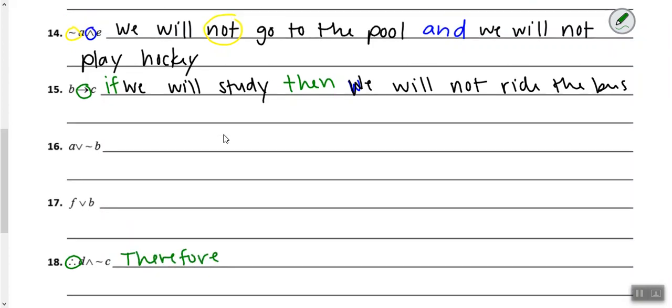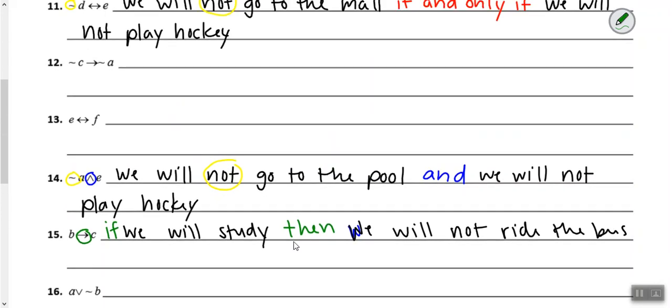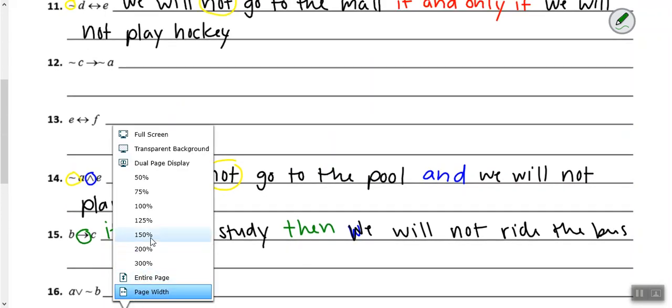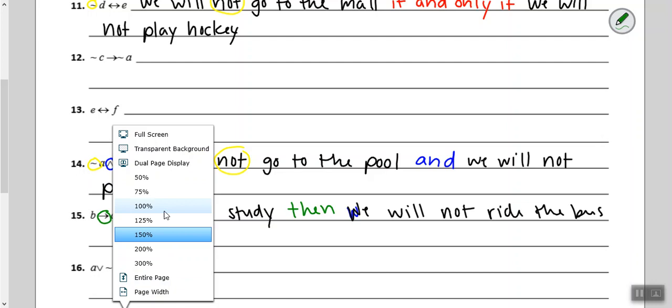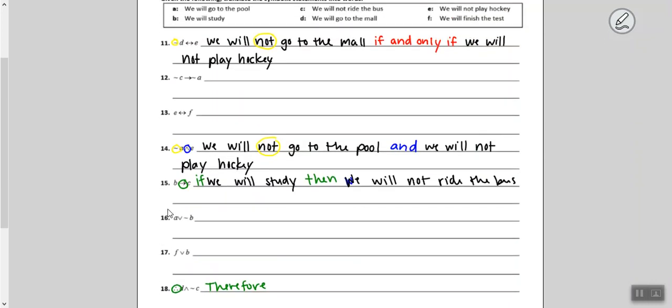D, and D said, let me actually zoom out here. There we go. So D said, we will go to the mall. Therefore, D, we will go to the mall.